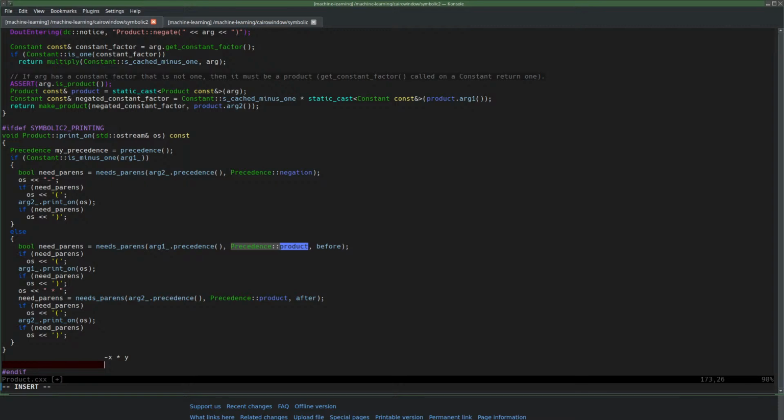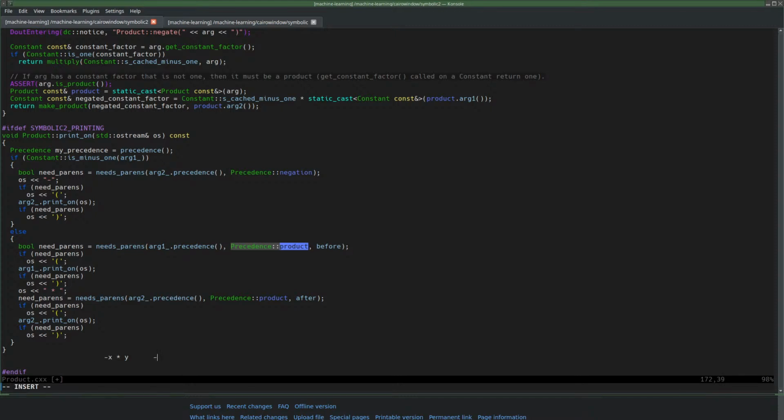However, if the product itself starts with a negative number, and that can only be a constant, this is internally stored as minus 1 times that.